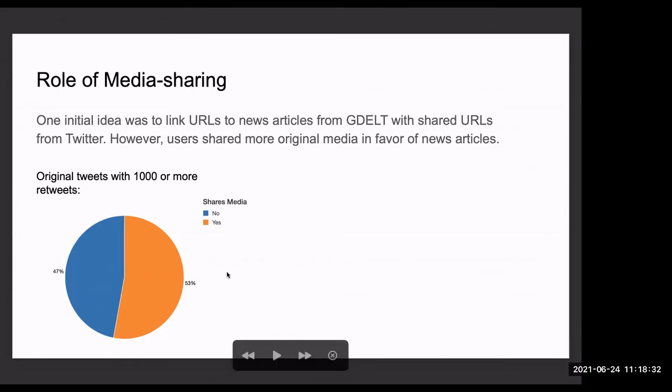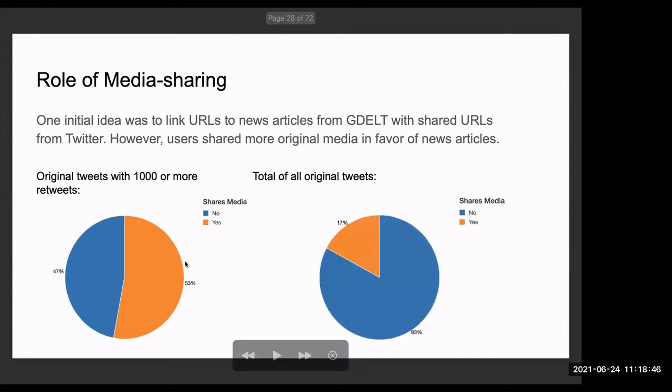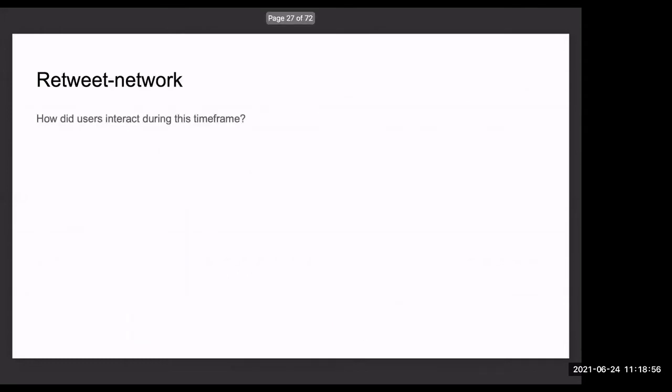For all tweets with 1,000 or more retweets, more than half of them contain some sort of media, pictures and videos, usually of protests taking place. Compare this to all the original tweets, where only 70% of this. So this is quite significant: media seems to play a big part in what was popular in this data set.